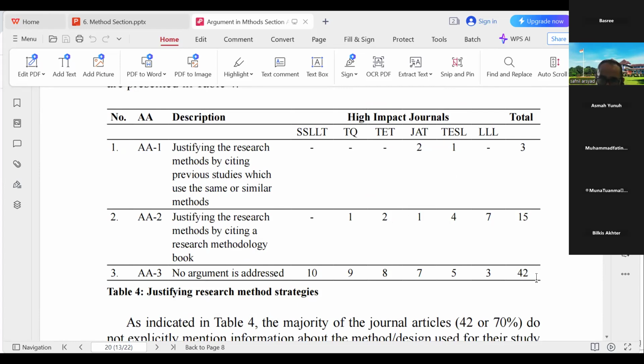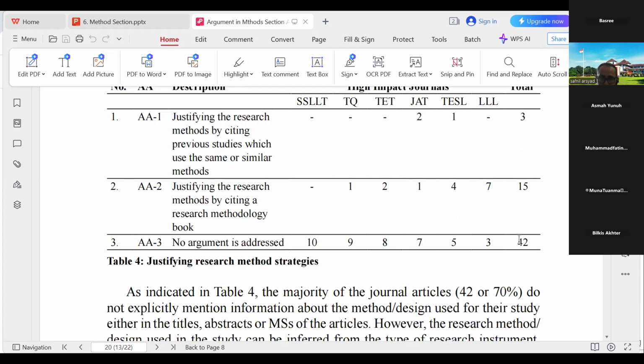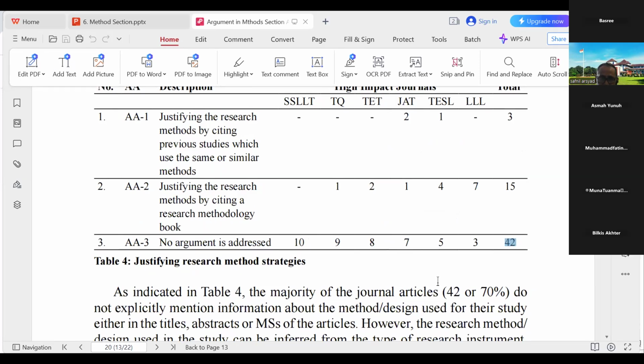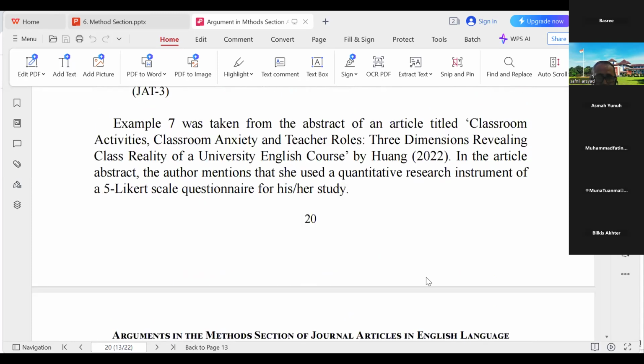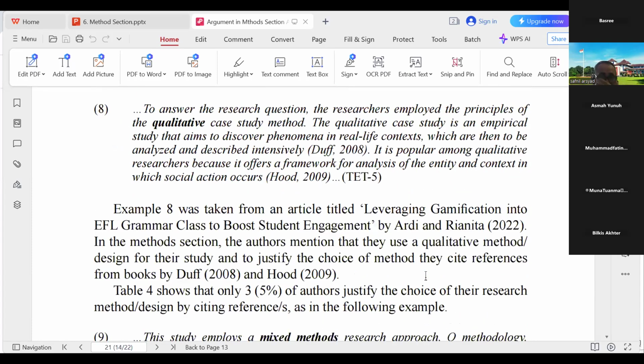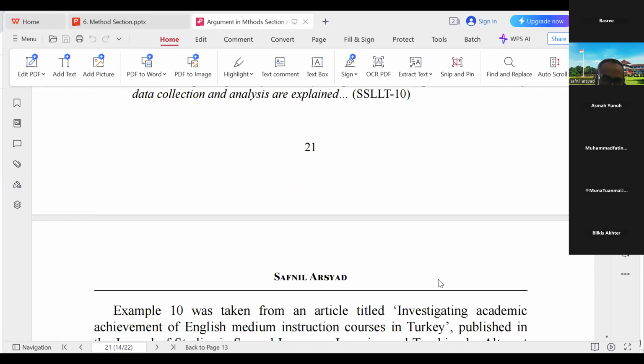So this is a big number. Only 18 refer to previous authors or refer to the research method. So here it is not common for authors to state the research design, in research articles, not in the thesis.